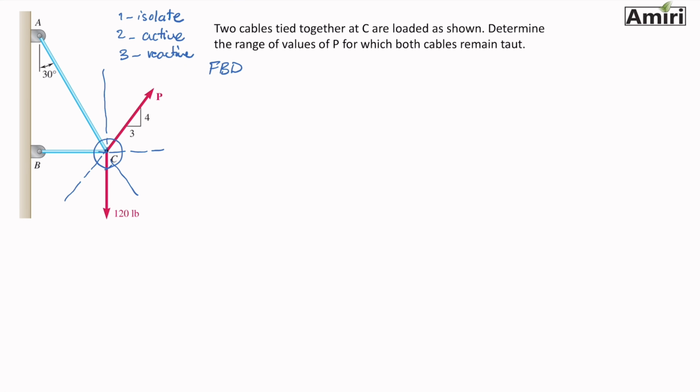So free body diagram of particle C. Step 1, outline, isolate. That's it. Then I put active forces on there. I have P as a 3, 4, 5 triangle there. Then I put 120 pound there.